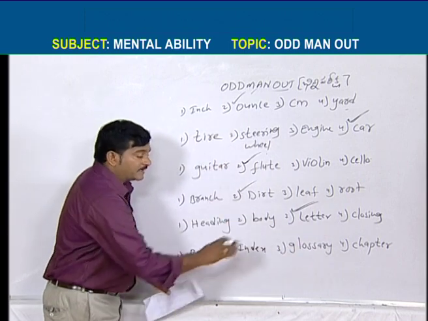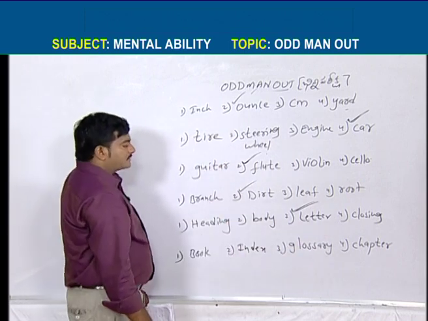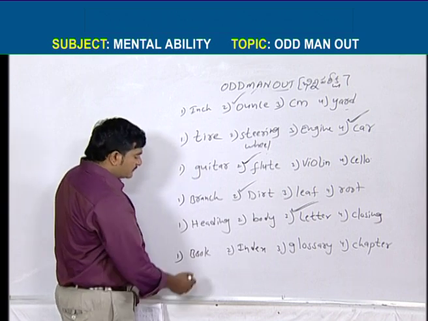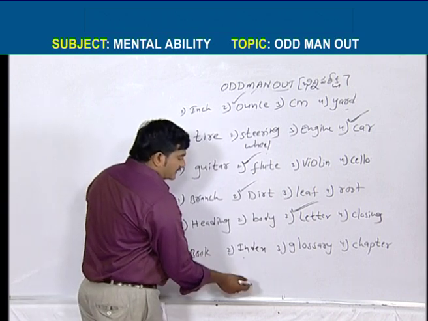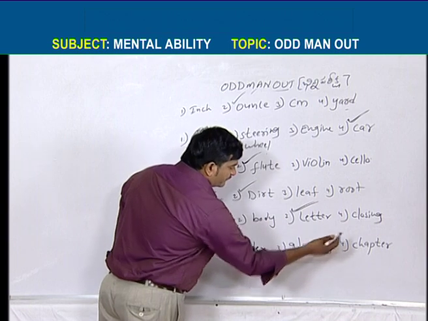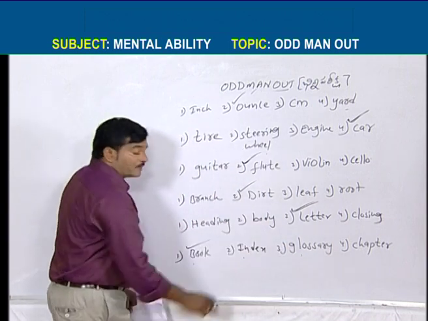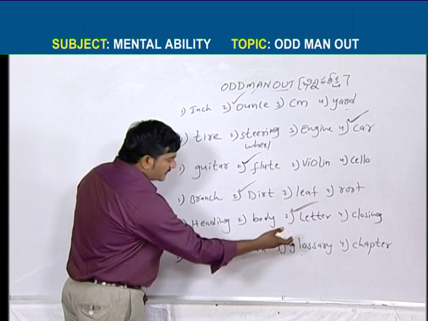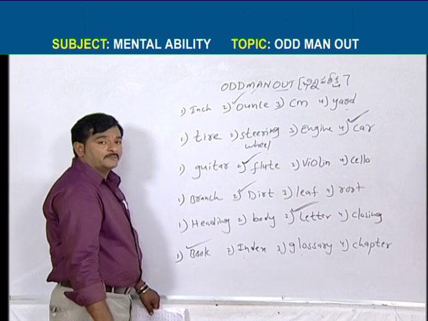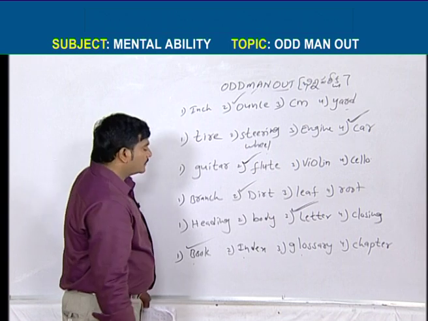Now observe, book, index, glossary, and chapter. Here the answer is book, because the remaining three options are parts of a book. That's why the answer is the first option.